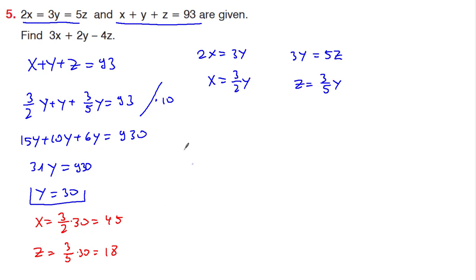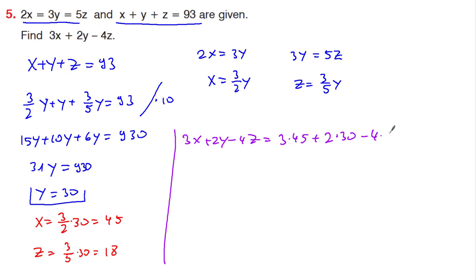And the final part is find 3x plus 2y minus 4z. 3 times x, that's 3 times 45, plus 2y, that's 2 times 30, minus 4 times z, that's 4 times 18. 3 times 45, it's 135, plus 60 minus 72.